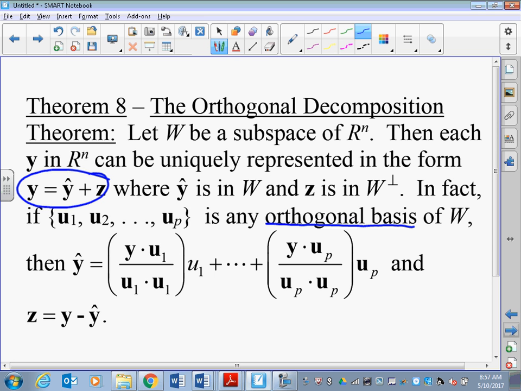We find the scalar and then multiply by its corresponding vector. Okay? So that's how we find y hat. Okay? We need to find this one. And what we're going to multiply that one by, this one will be basically given to us, and then we can figure out what z is. And that's really what we just did in that other example. Okay?